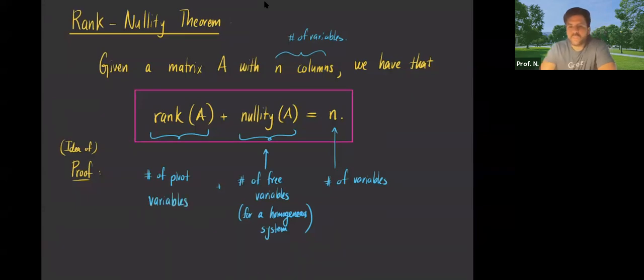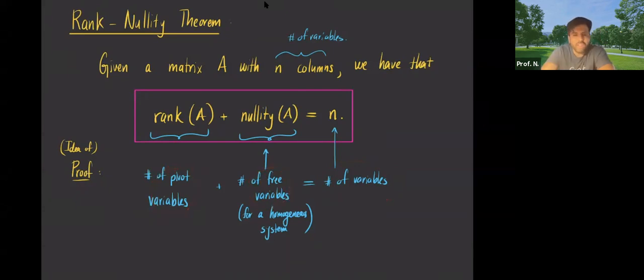There's only n variables to speak about. So in a sense, what we're saying is the number of total variables that exist can be classified into two distinct categories. We have either pivots or free.